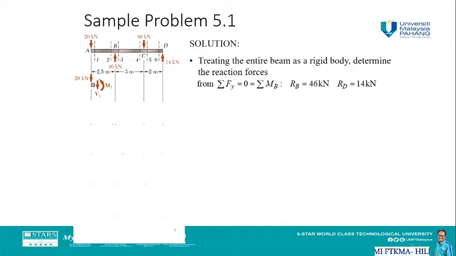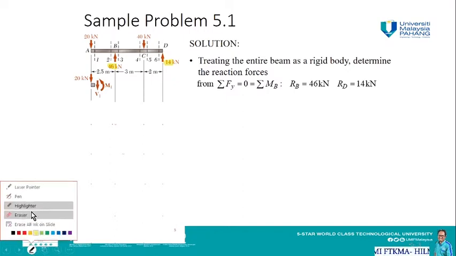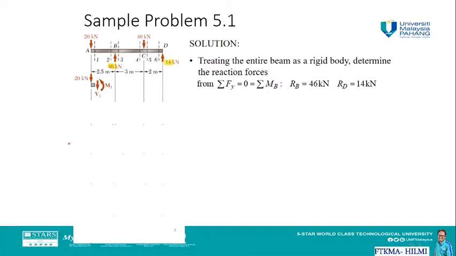So first we are going to draw the free body diagram, where we are going to calculate the reaction forces at B and D. We can easily find the values at B and D by using the sum of forces Fx equal to 0, sum of forces Fy equal to 0, and the total moment also equal to 0.